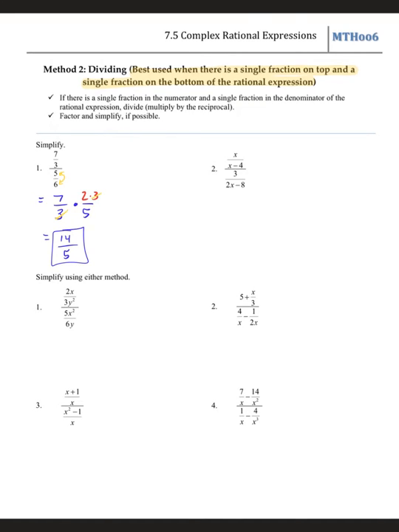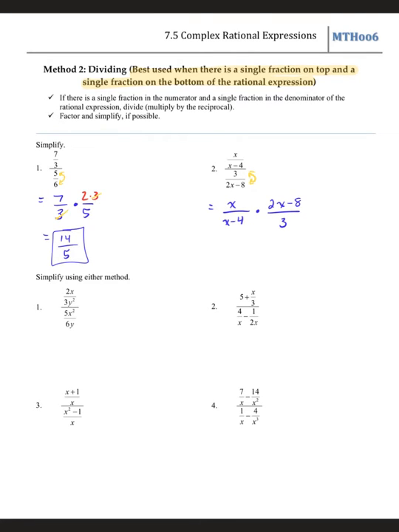The next problem, again, we want to multiply by the reciprocal of the divisor. So multiply, and now just like we did in the previous problem, we want to invert the numerator and the denominator here. So we have 2x minus 8 over 3.